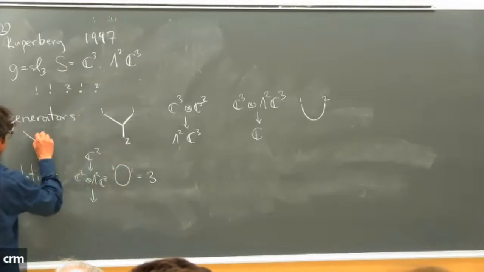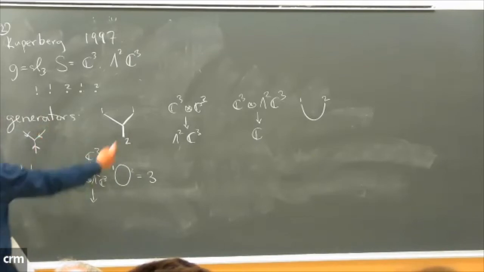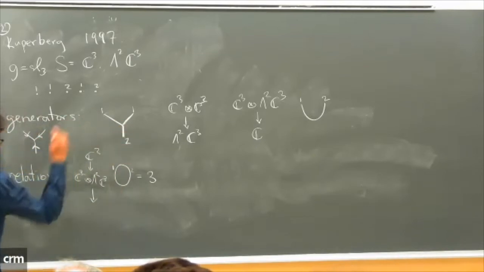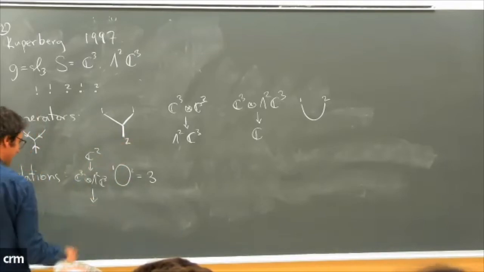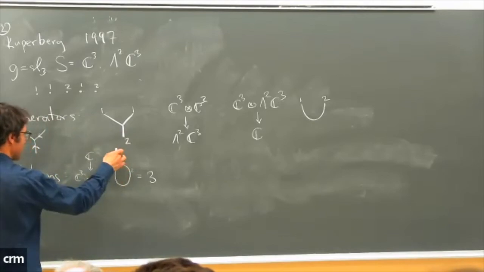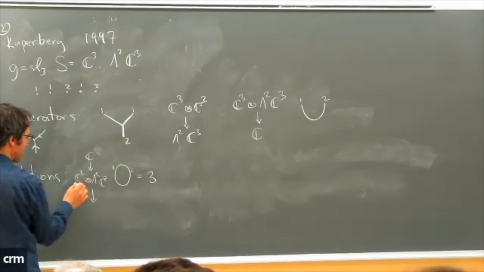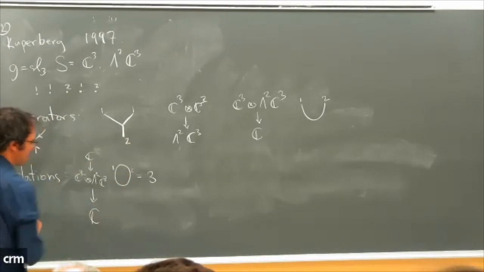I think the way Kuperberg did it is he wrote it like so, with an arrow up when you have a 2. But for what I'm thinking later, it's more convenient to have these numbers too, so I'll use them. So this circle: you start with the trivial representation, you create C3 tensor wedge 2 C3, and you go back to the trivial representation.